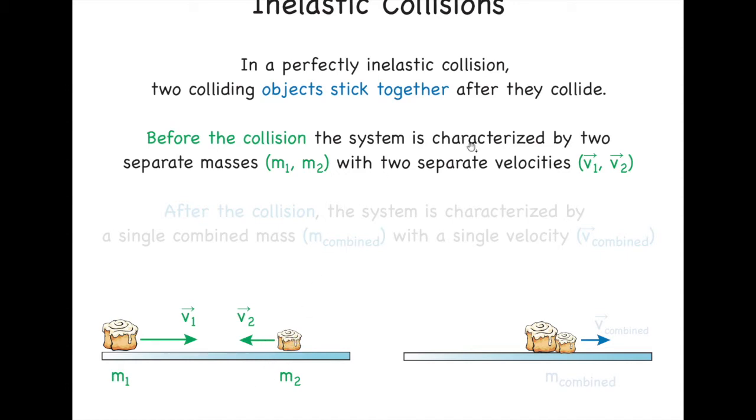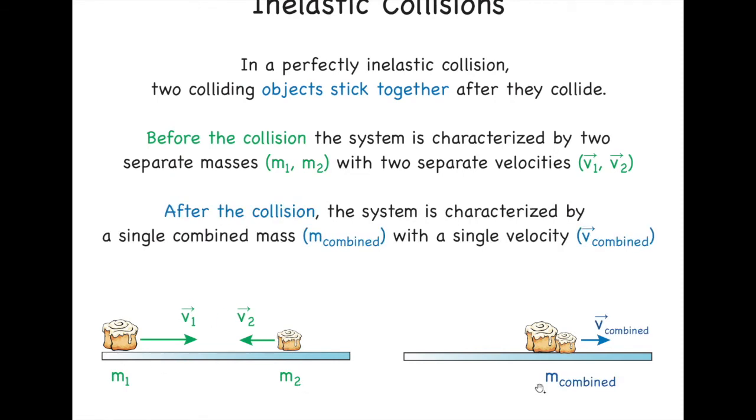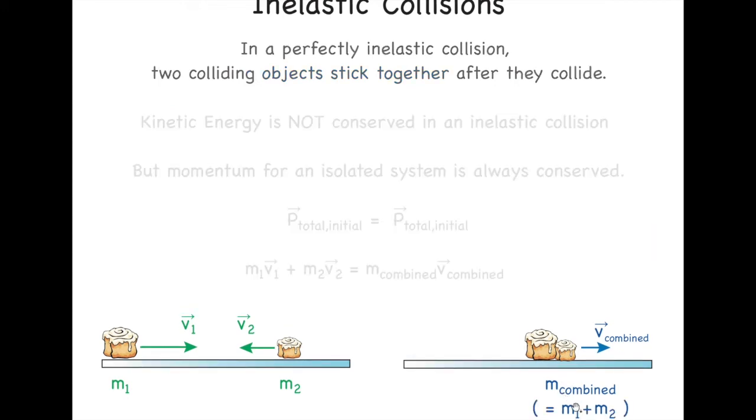Before they collide, they're characterized by two individual masses and two individual velocities. After the collision, the system is characterized by a single combined mass with a single velocity. Because they've now stuck together, you can conceptualize them as a single mass, and that mass is going to be m1 plus m2.